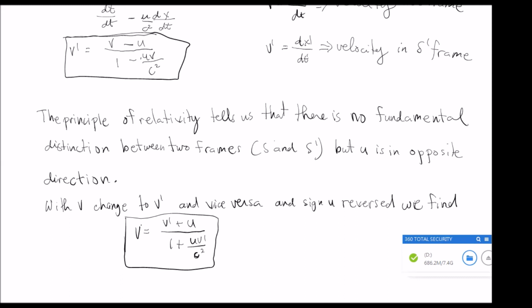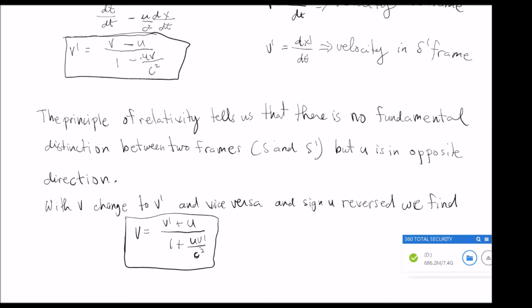Okay, so we just change the sign. In the first equation we have negative u in both numerator and denominator, while this equation has positive u in both numerator and denominator. Okay, there's no distinction between the two frames.